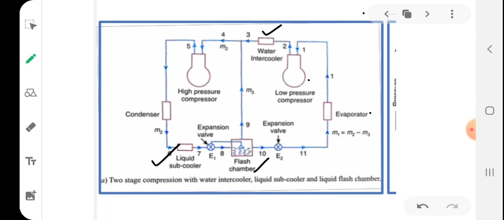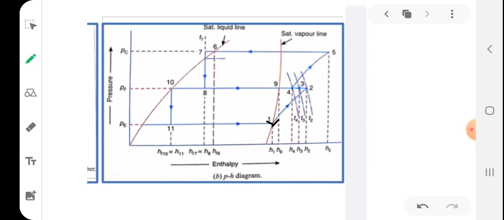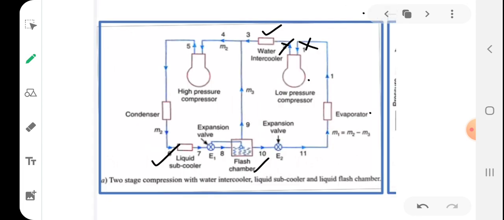Students, just concentrate. This is the first point, the inlet to the low pressure compressor. A dry saturated vapor refrigerant is compressed in the low pressure compressor to an intermediate pressure, the flash chamber pressure, PF. From 1 to 2, an isentropic compression is taking place.